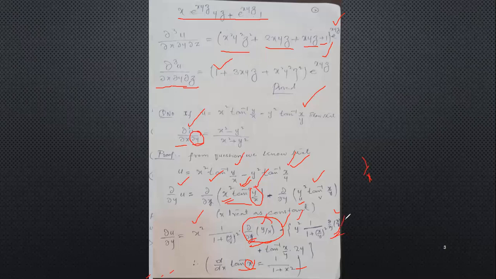Now y we have in denominator. So first we put in numerator, then we take its derivation. So when we put in numerator, then we get x into y power minus 1. Now we take derivation of this term with respect to y. So here x is multiplied with y, so x we consider as a constant. Now first we take derivation of power, then we take derivation of its base.